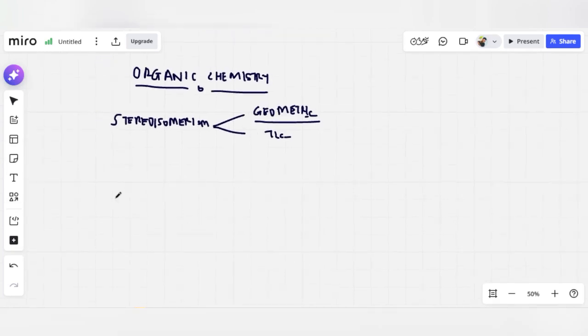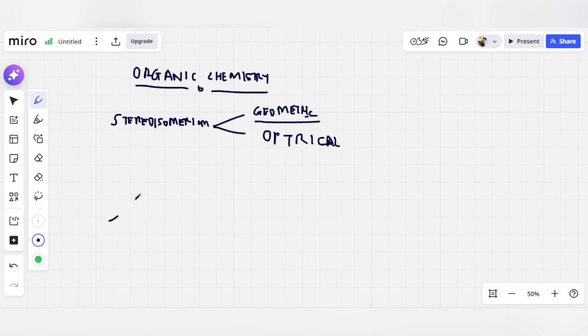So let me quickly explain what is meant by optical isomers. We've looked at geometric isomers, but now we need to check optical stereoisomers. Optical isomers are often like this.